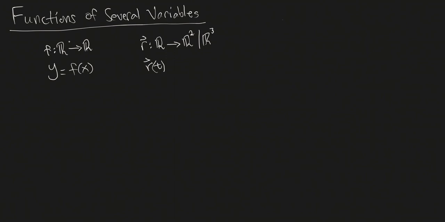So we know a lot about the calculus of single variable functions. We now know a bit about the calculus of vector valued functions. So what's left? Well, what if we flip this around?